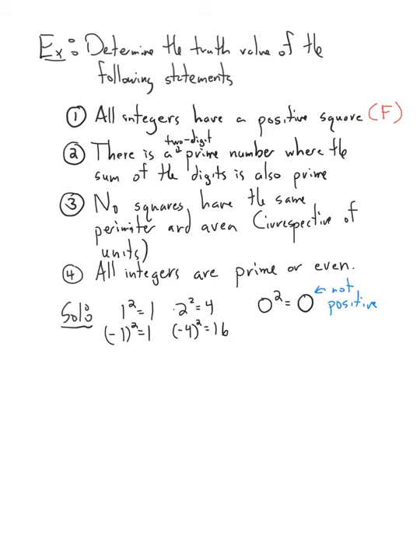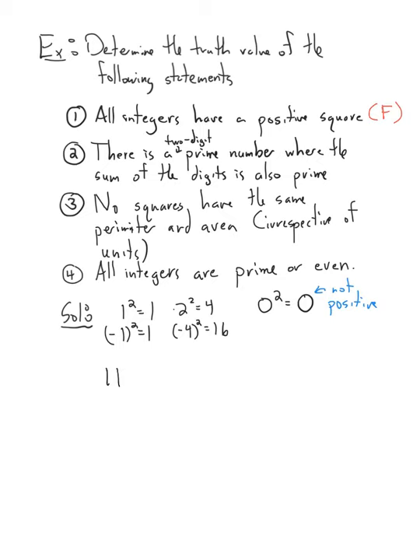Okay, let's look at 2. There is a 2-digit prime number where the sum of the digits is also prime. Remember, prime numbers are numbers that have exactly 2 factors, 1 and itself. And we're looking for 2-digit primes. So if we think about it, 11 is a 2-digit prime.